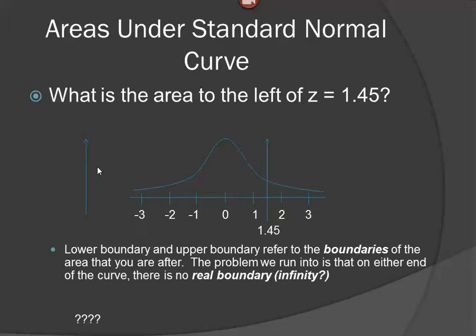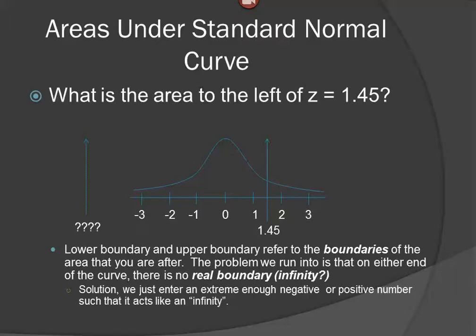The way we do that is we just pick something extreme enough on the left that it would be considered infinity. So you just need to pick a really big negative number, and if you're on the right, you want to pick a really big positive number. In this case, I just pick negative 1,000.